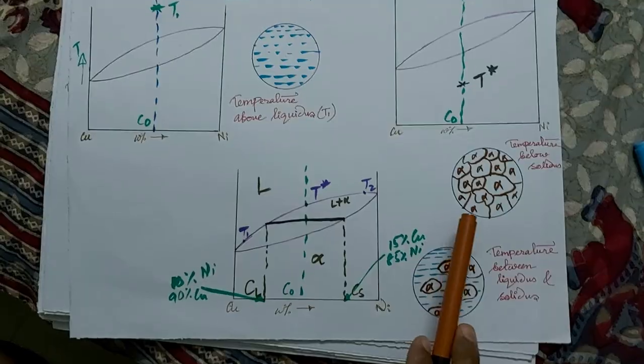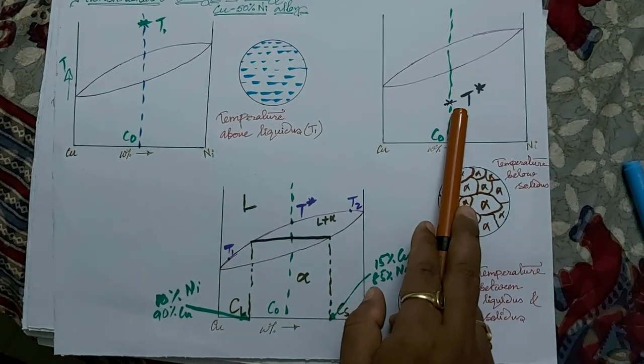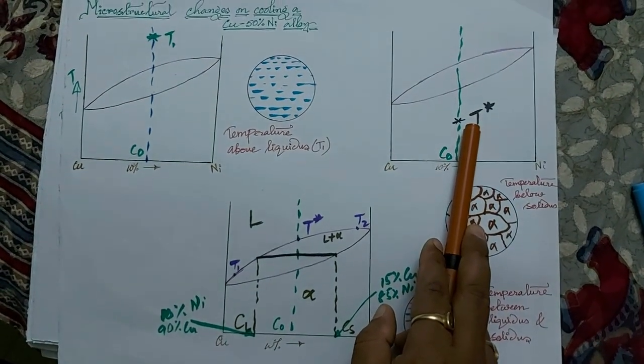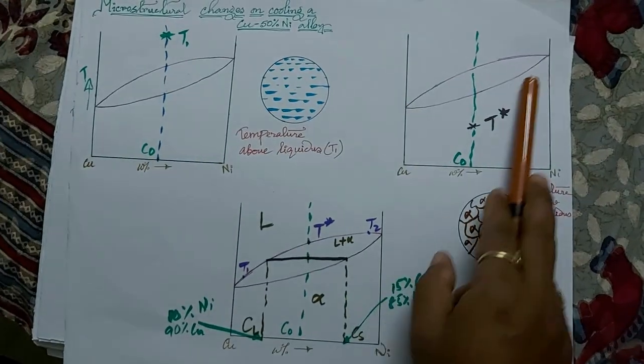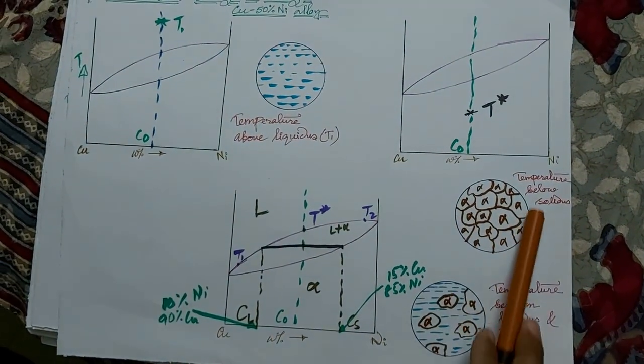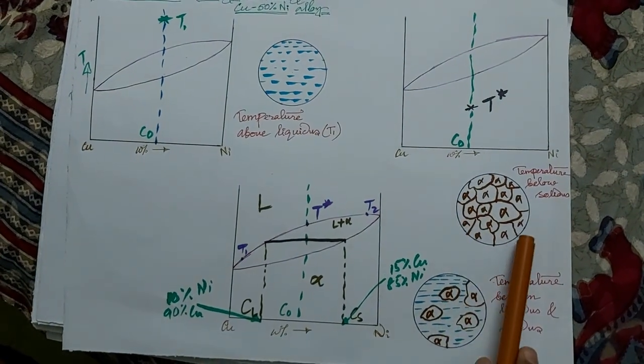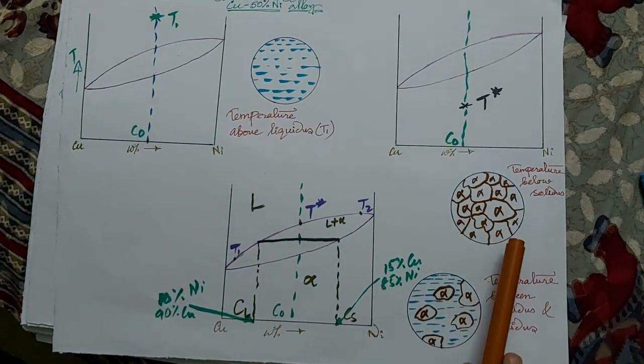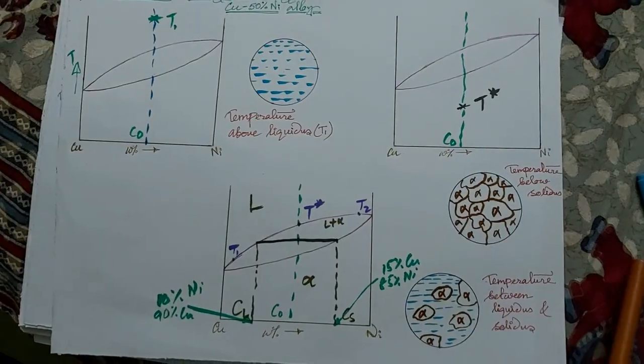And if we take a temperature point below this solidus line, the microstructure will be like this, where we have only solid phases.